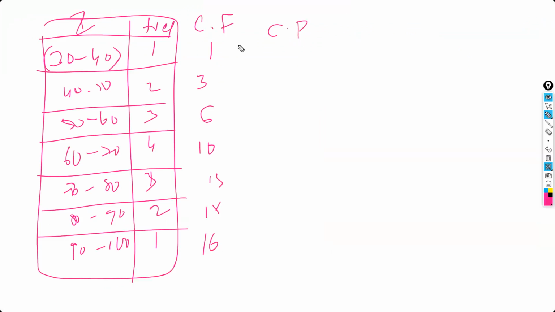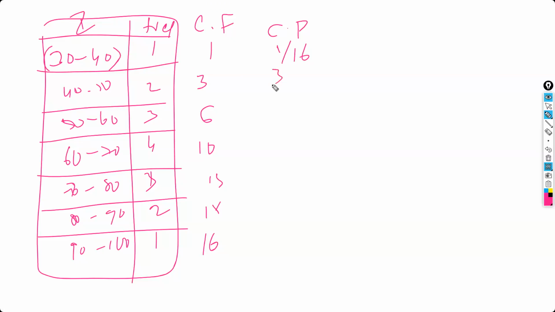Now, what is meant by cumulative probability? Remember, the same example I will show you further on, and I will explain it clearly; you will see the application later. Now, for 30 to 40, what is the cumulative probability? It is 1 by 16. For 30 to 50, the total number of records satisfying 30 to 50 is 3 records, and the total number of records is 16.